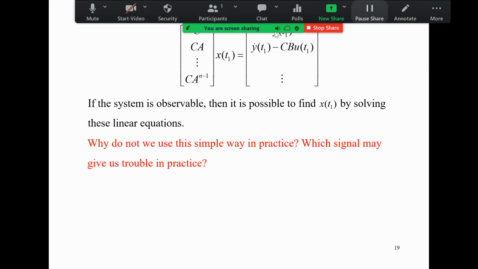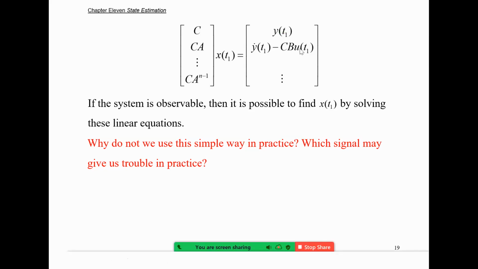If you look at those signals, y, y dot, and the u input, which signal might give us trouble? If you have any sense of signal processing, which signal may give us some headache? Is it y, the derivative of the output, or the input?